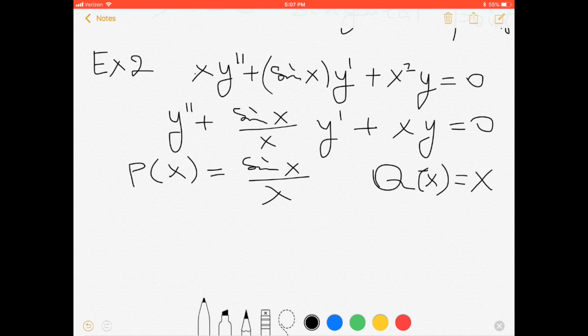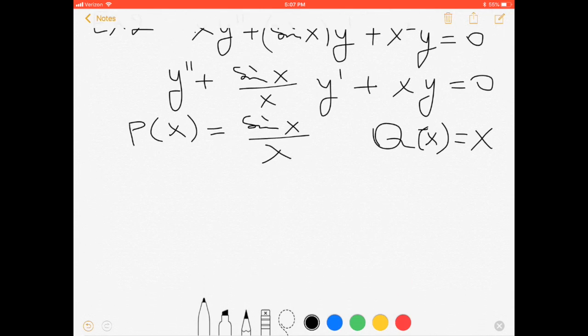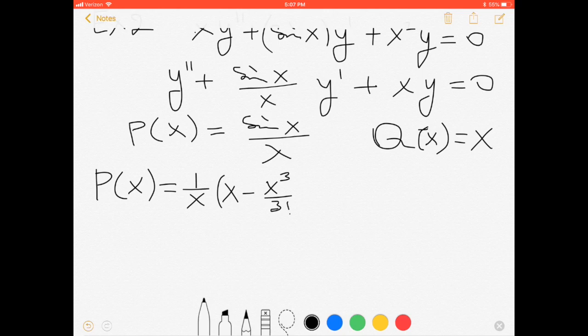q is analytic. What about p(x)? Here we remember the power series for sine x, and we can rewrite p(x) as 1 over x times the power series for sine x. This will be x minus x cubed over 3 factorial, it's the Maclaurin series, you all remember, plus x to the fifth over 5 factorial minus x to the seventh over 7 factorial, and we can continue as long as you want.